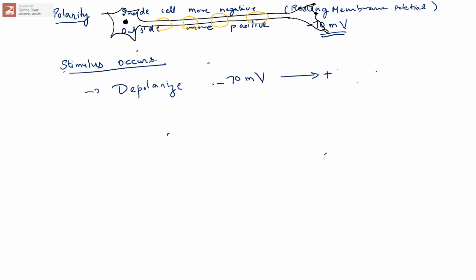So it gradually moves to zero. From zero, if the ions continue to diffuse, it can move towards, say, plus 30 millivolt. Right? So this is called depolarization.